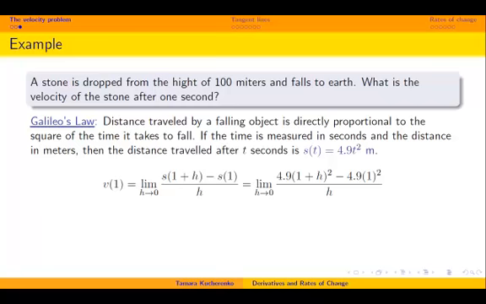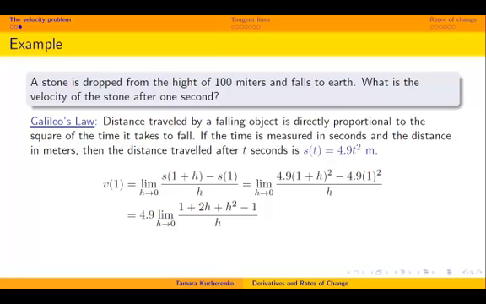We can factor out the constant 4.9 from the numerator and thus from the limit by constant multiple law. And then we can multiply out 1 plus h squared. We get 4.9 times the limit as h tends to 0 of 1 plus 2h plus h squared minus 1 over h.